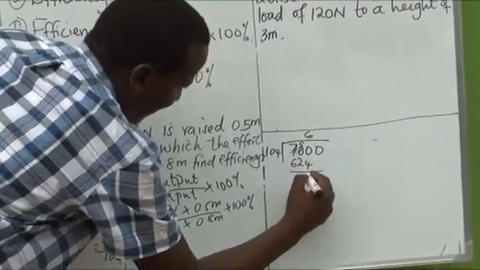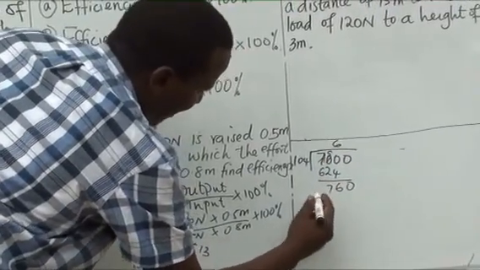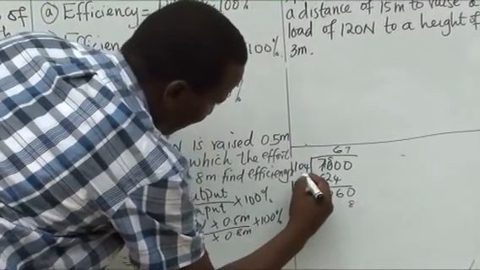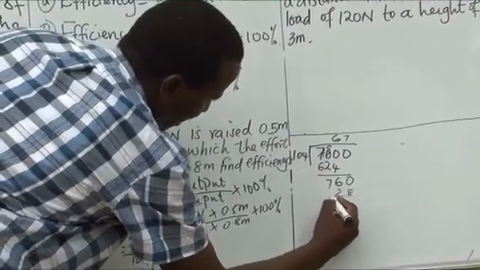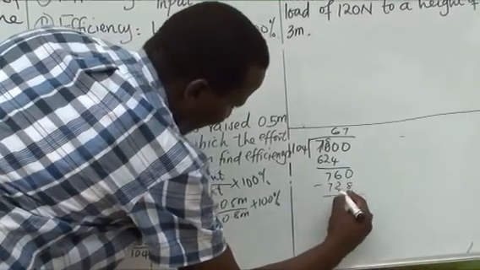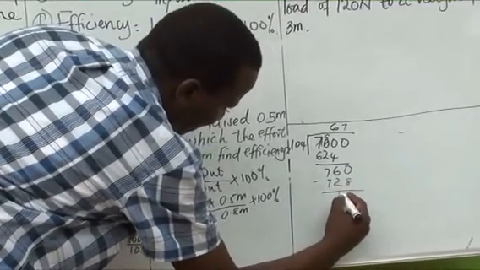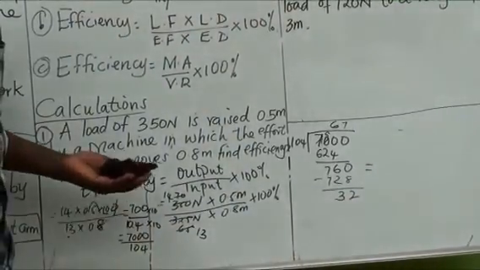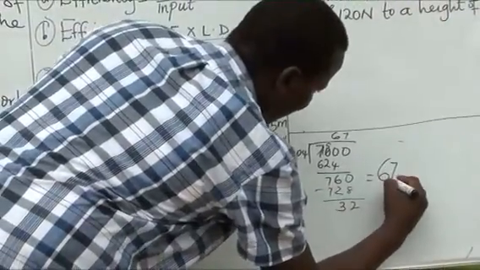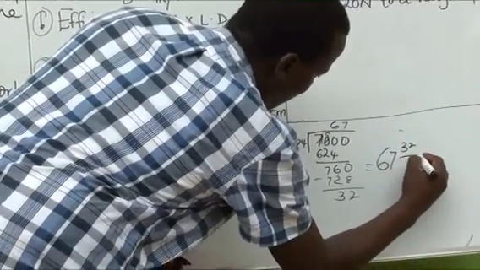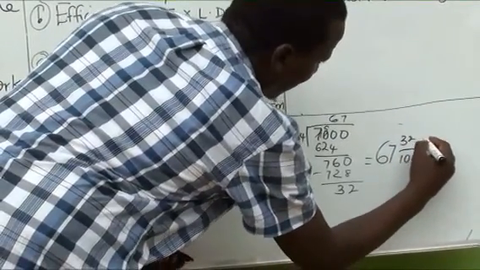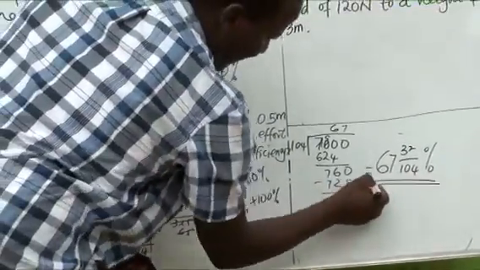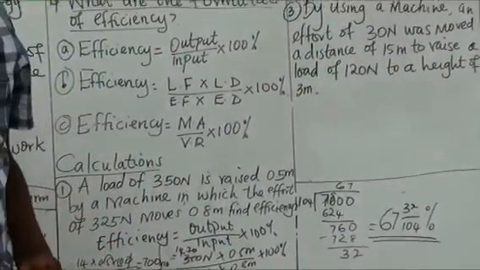We get 7, we drop that. How many times again? 7. It goes there, 28, and then 7. When we minus, we get 2 there, there we get 3. So you can leave your answer as a fraction, which is 67 and 32 over 104%.